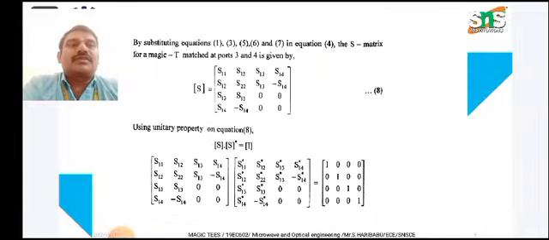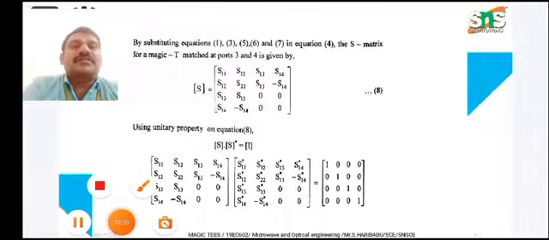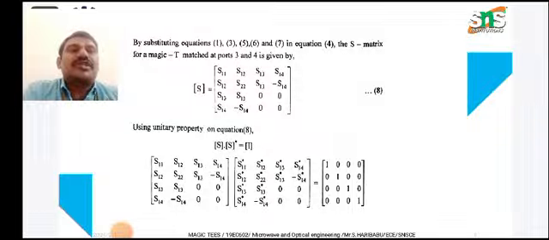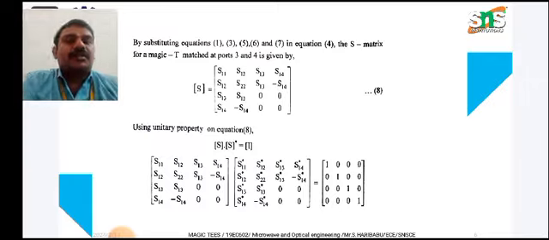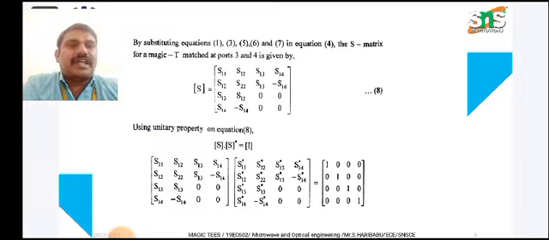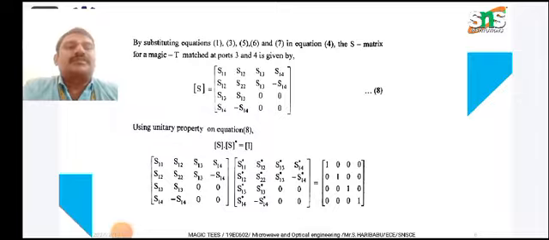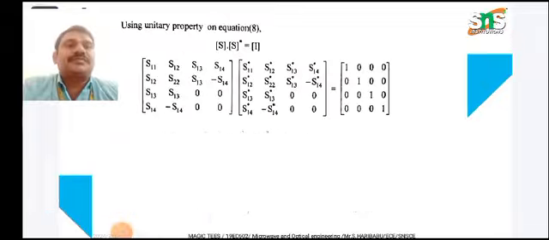By substituting from those equations, we obtain the scattering matrix of the magic T junction. Using the unitary property on equation 8, we multiply S into S star equals I. That is, the unitary matrix property is S into S transpose conjugate is equal to I. That has been represented here.